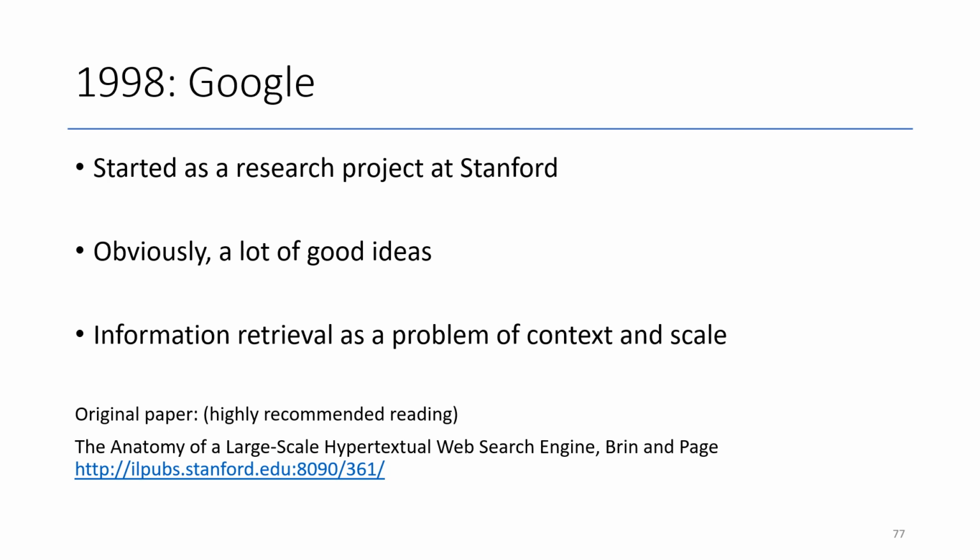And it saw information retrieval as a problem of context and scale. And I want to emphasize that here at the end of this lecture, to make you aware that this paper contains a lot of interesting implementation details of this first initial version of Google that is very easy to read and hopefully good to follow once you heard this lecture.